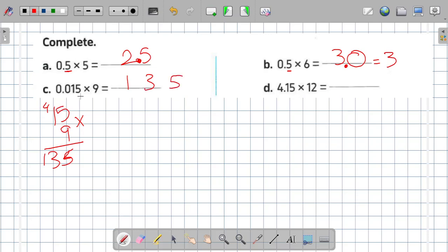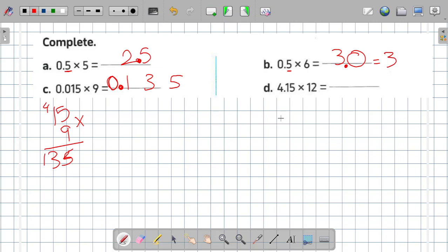Here I have 3 digits before the decimal point. So I will count 1, 2, 3, and I will put the decimal point like here. But I don't have one digit, so I will put 1 0 here. So it will be 0.135.